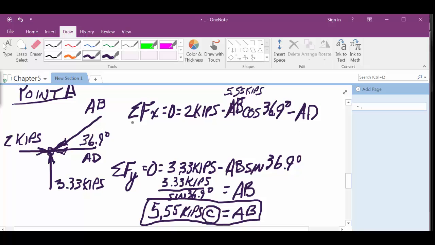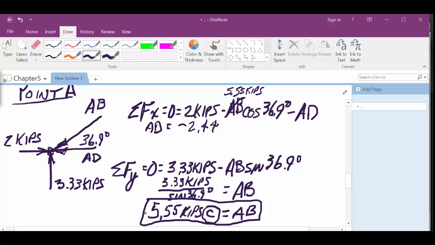Now we're left with AD. AD goes to the other side of the equation, becomes positive. So you have 2 kips minus 5.55 cosine of 36.9. Negative 2.43. Oh, 2.44. Negative 2.44.